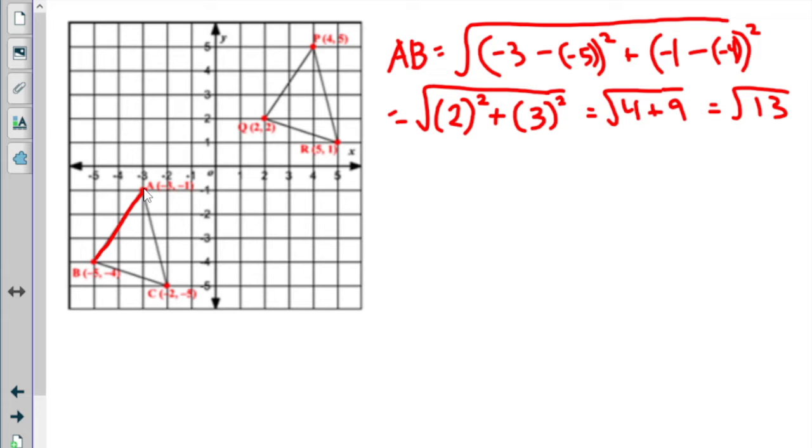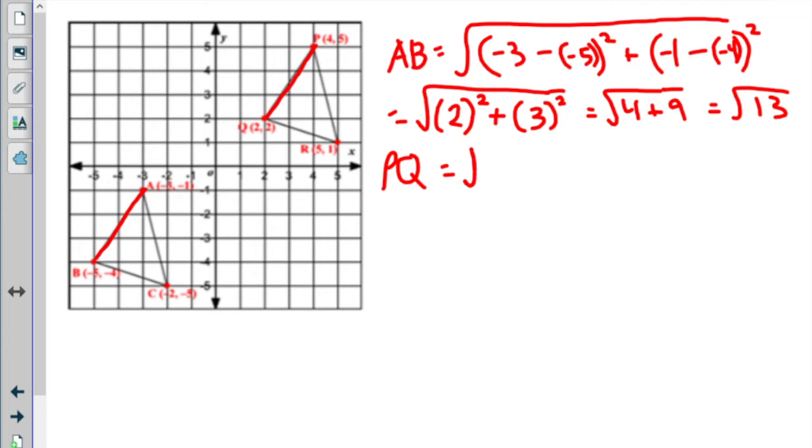So if it was a translation, we have A to B. Which side in the other triangle should A to B match up with? P to Q. So we're finding the distance from P to Q, and we're hoping to get what? Square root of 13, hopefully, because then that would tell me the sides were congruent. They were the same distance.